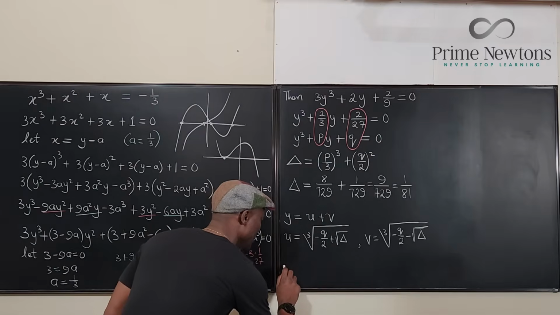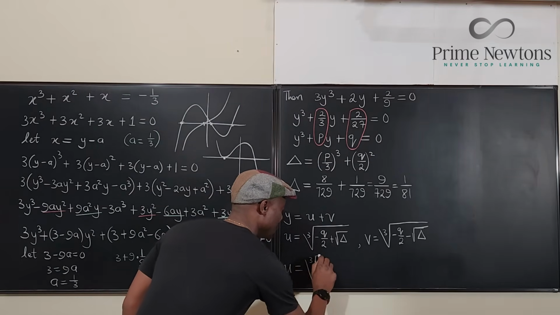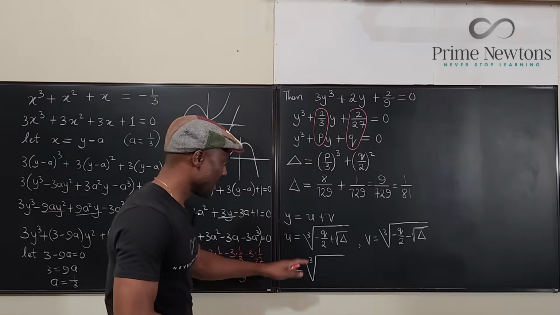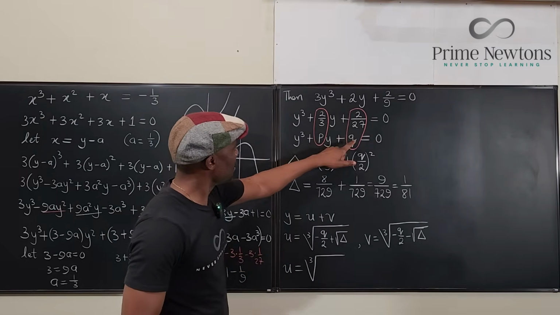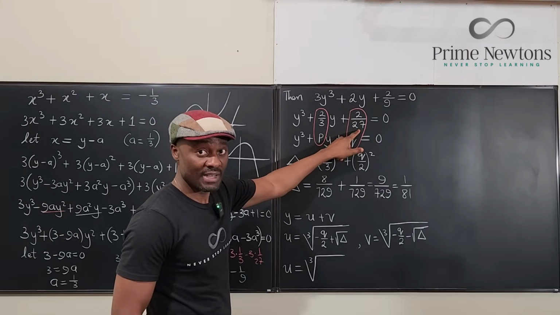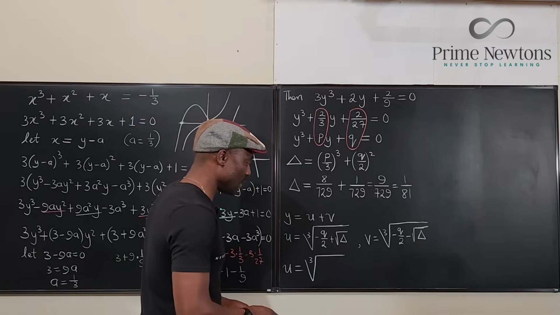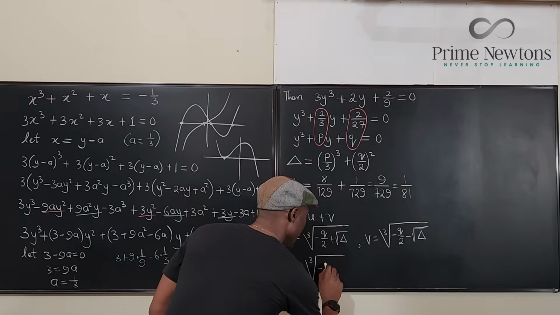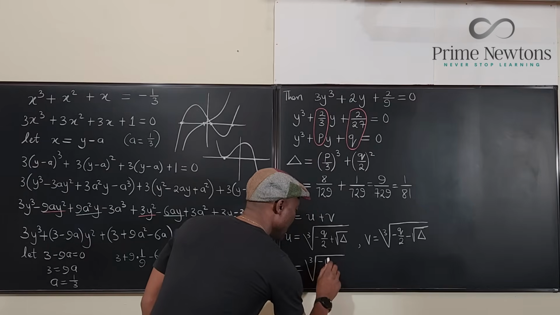We know that u is equal to the cube root of, let's do this mentally. This is our q. If you divide this by 2, you get 1 over 27, right? So 1 over 27 is what you have here, negative 1 over 27. Let's put a negative here.